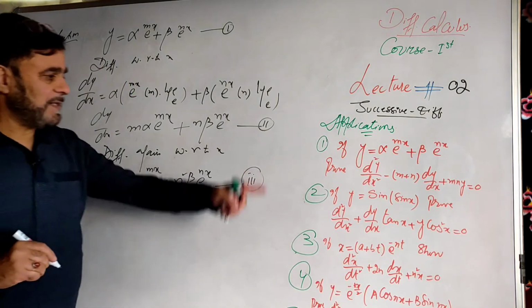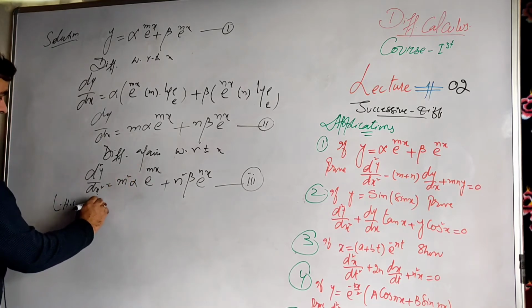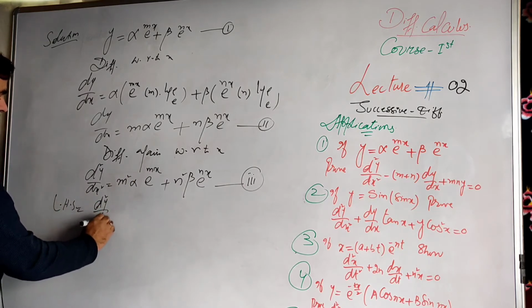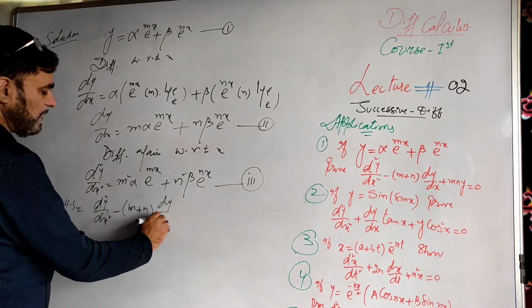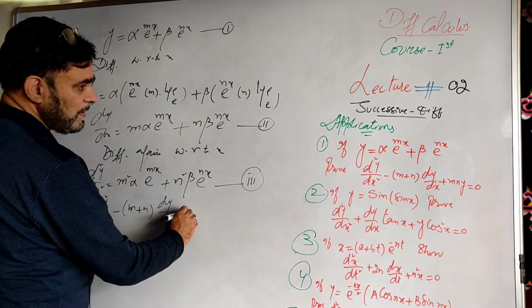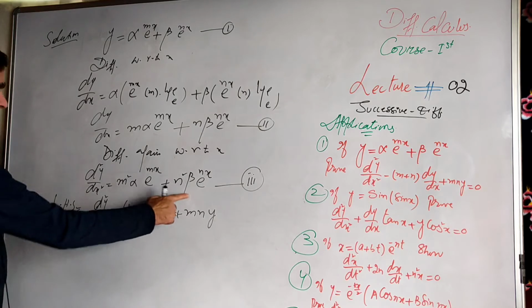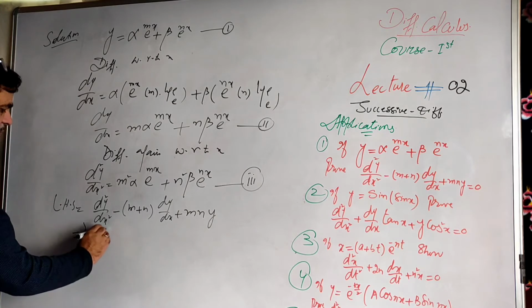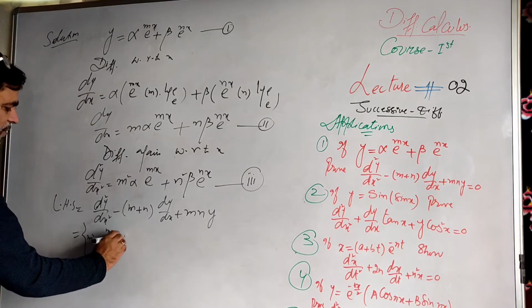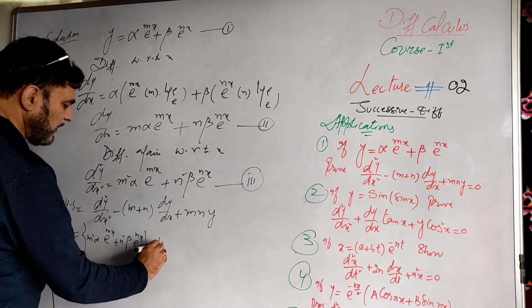Now I can prove it directly, or I can use the left hand side. The left hand side of the required result is d2y by dx square minus m plus n dy by dx plus mny. I have to prove it is 0. How do we go? For d2y, use this: m square alpha e raised to power mx plus n square beta e raised to power nx, then minus m plus n times dy by dx.